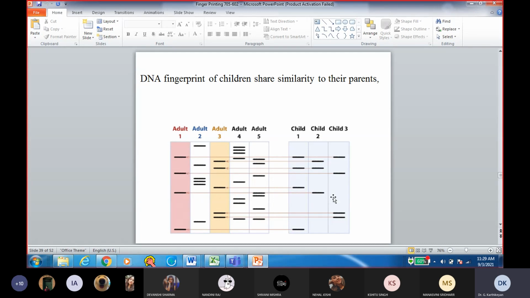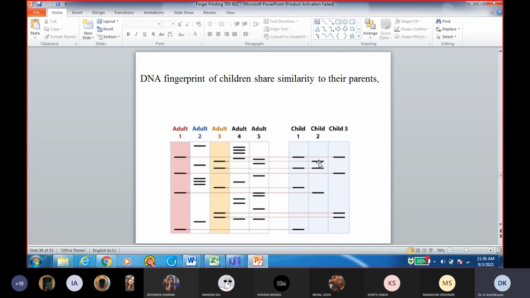In these loci, you see a match, and child 3 also matches adult 3. This is a complicated case where people marry, divorce, and then remarry another person, so you have stepchildren, stepfathers, all those complications. Otherwise, in the normal case, you will see something straightforward.